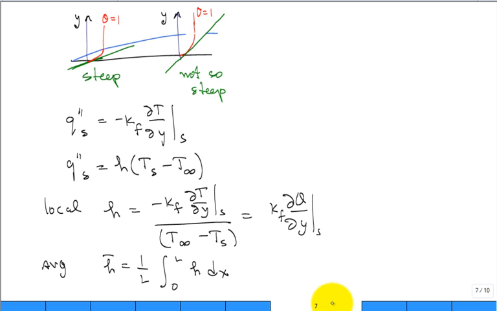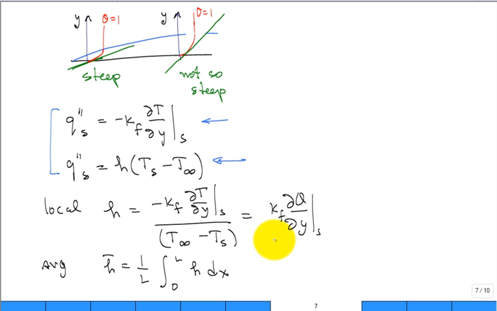Continuing a discussion of the thermal, we find that it's steeper closer to the leading edge and not as steep farther away. You can combine both a global or macroscopic equation for the heat flux, which has h, and we want to get an equation for h embedded in it. Okay, that's the goal. With Fourier's law, you get that h local is k sub f.